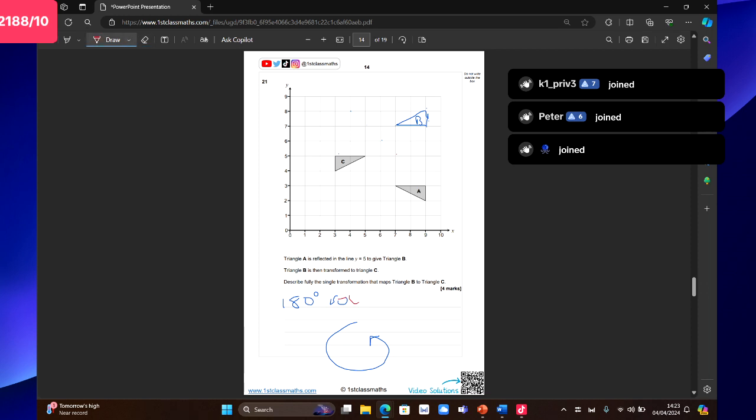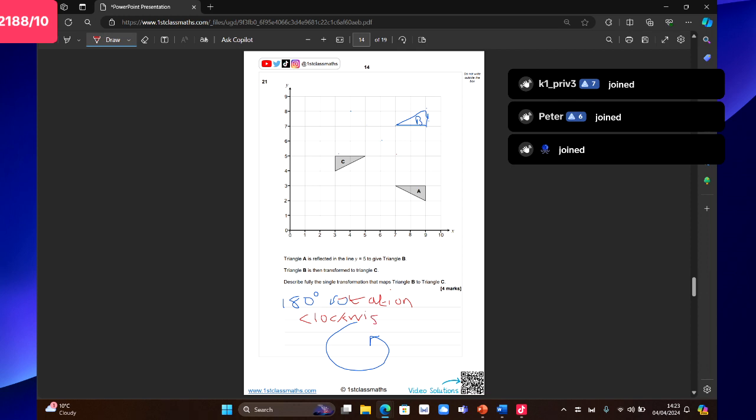Clockwise, you could say. About the point, and then we need to work out the center of rotation. This is going to be the tricky bit.